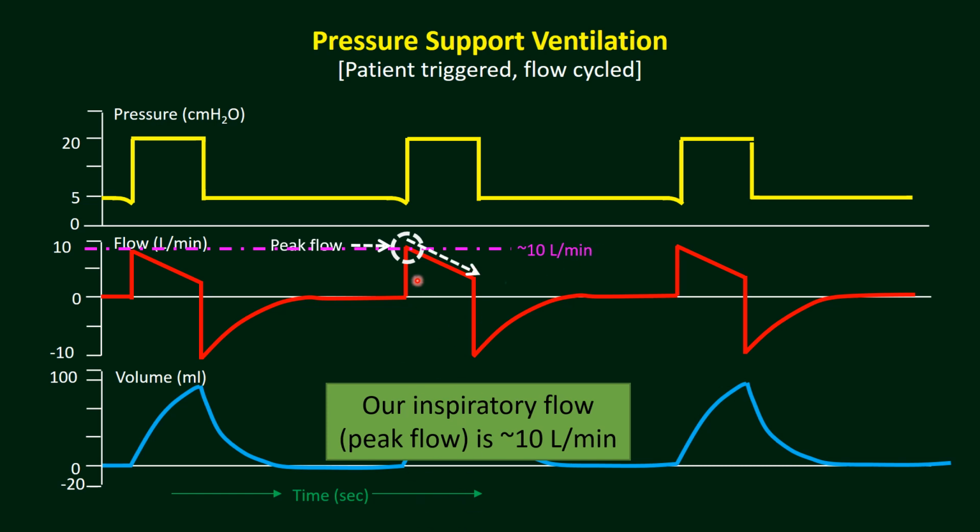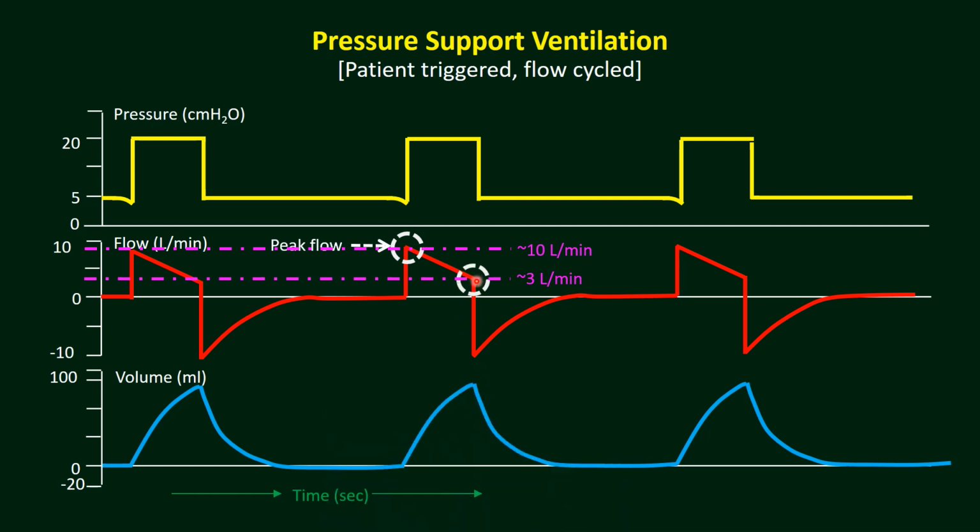So, when flow is gradually coming down and getting reduced, when it comes to the point where flow is 3 liters per minute, then inspiration ends at its terminal point. So, here is the end of inspiration and beginning of expiration.